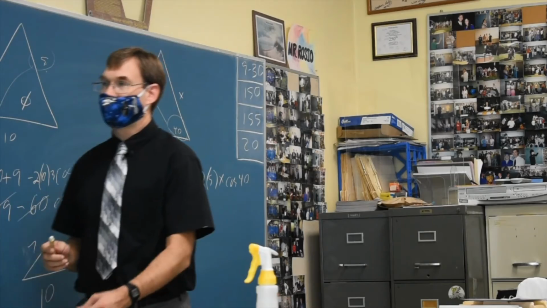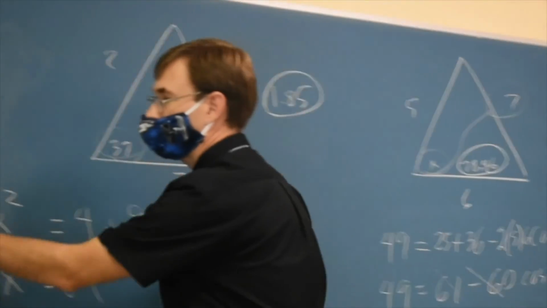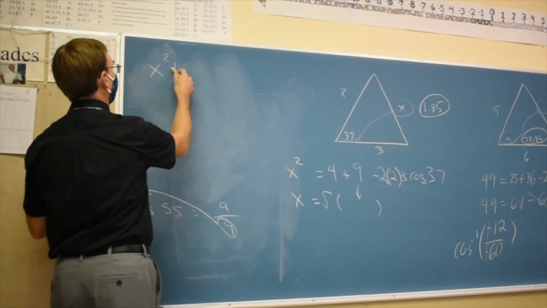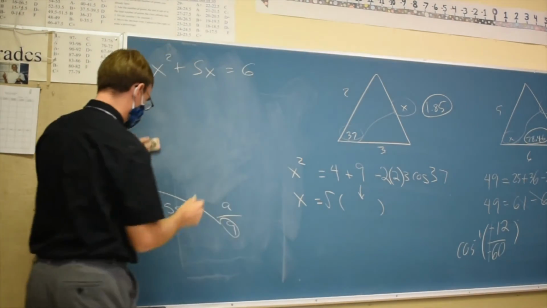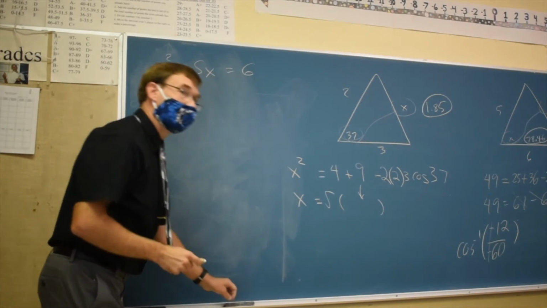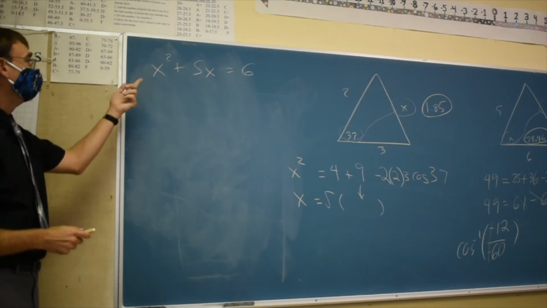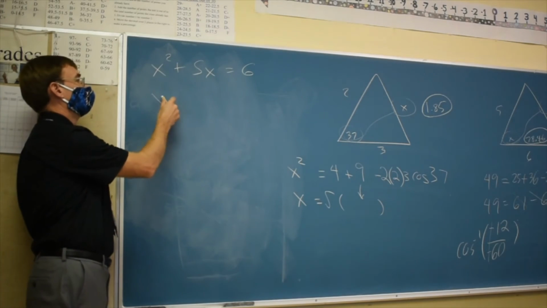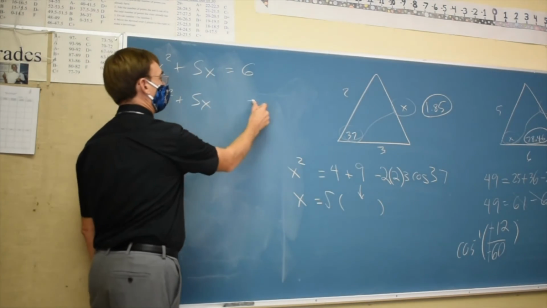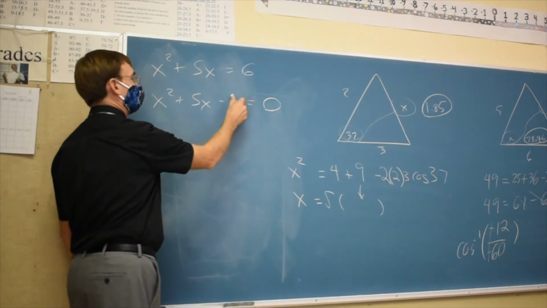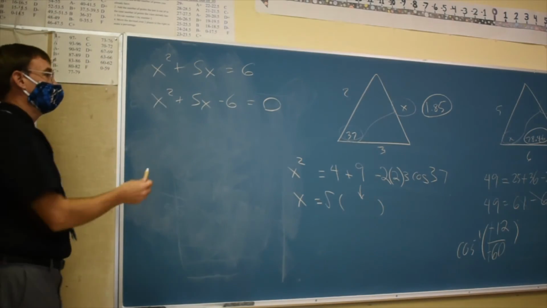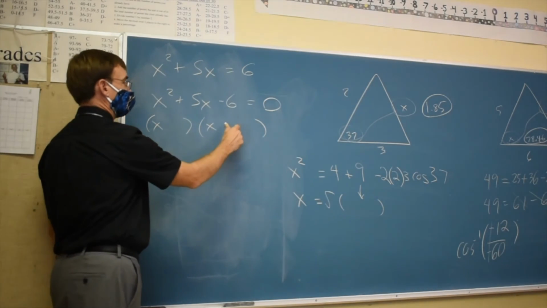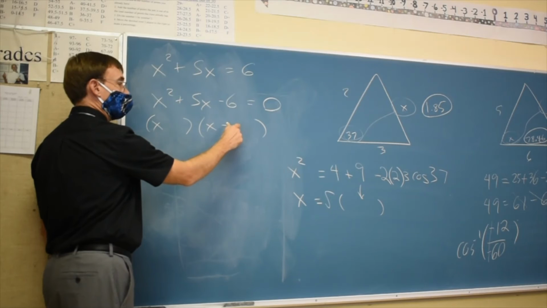Step to the left, algebra flashback. We have an equation of this style right now. How have we solved equations of this style in our past? Get it equal to 0, minus 6, and then we try to factor. x, minus, plus. Signs same or different?